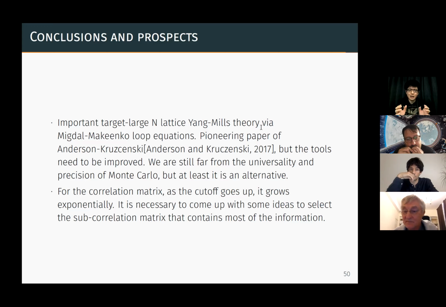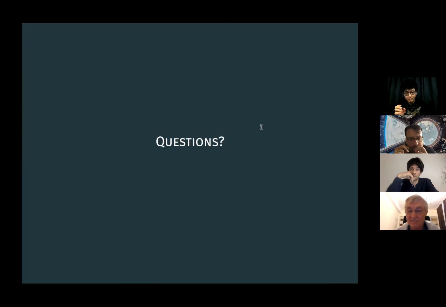It is very likely that a small submatrix contains 99% of the information already. So it would be very useful to come up with some ideas to select submatrices of a correlation matrix that are much more important than the others. Okay, that finishes my talk.